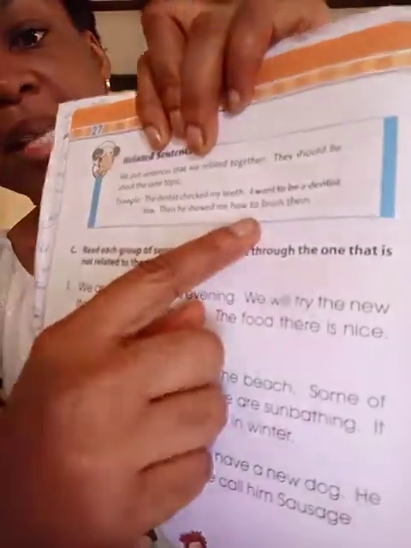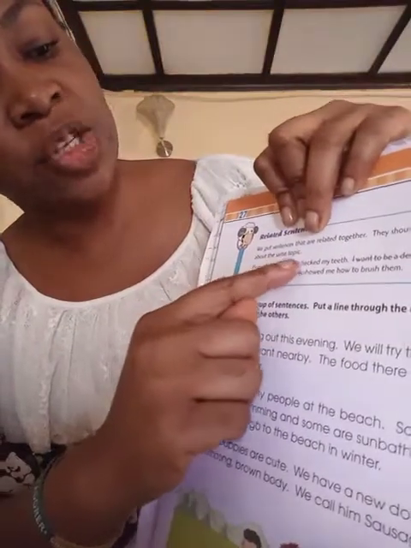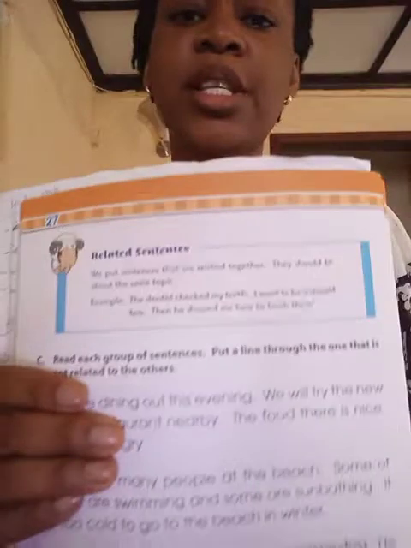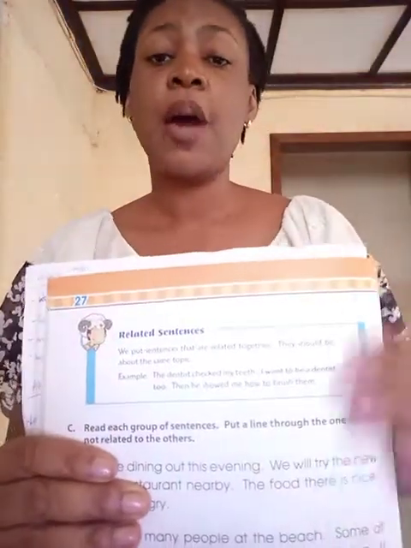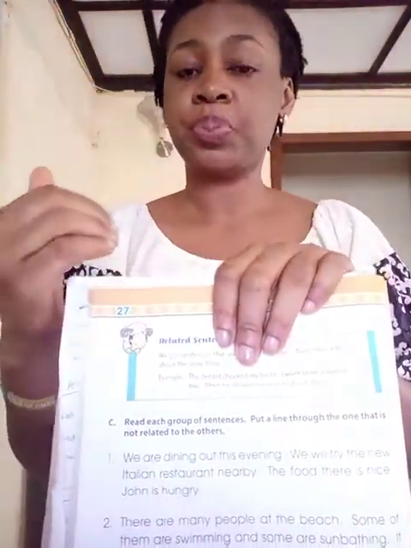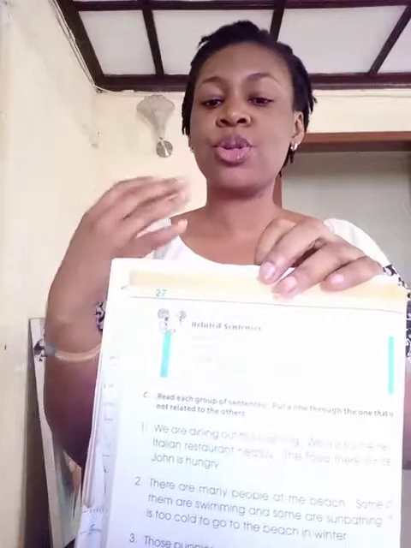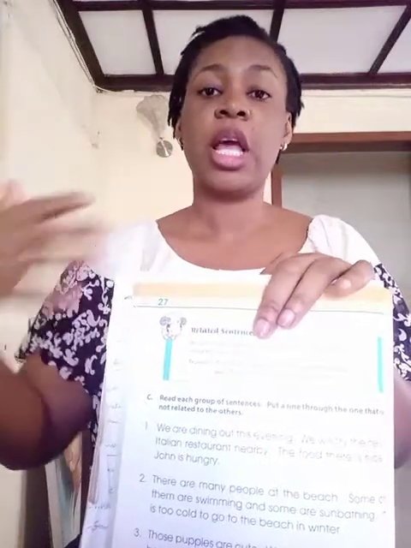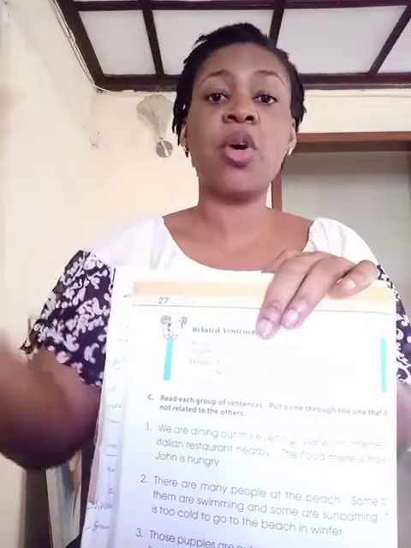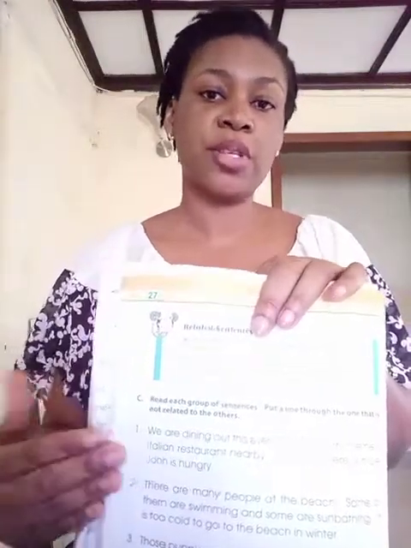When you read the first one and put the continuation, it makes sense. But when you say the dentist checked my teeth, I want to be a dentist too, I know it's still talking about a dentist, but it doesn't show the follow-up of what the dentist did when he checked your teeth. So related sentences have to be a continuation of the first part, finding a continuation in the other part.